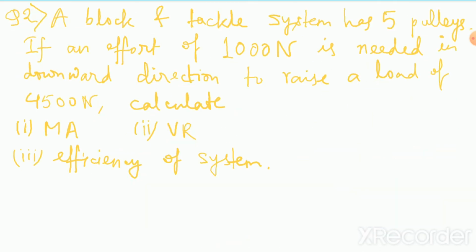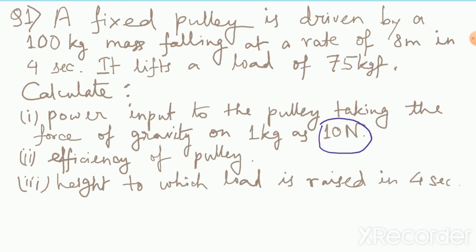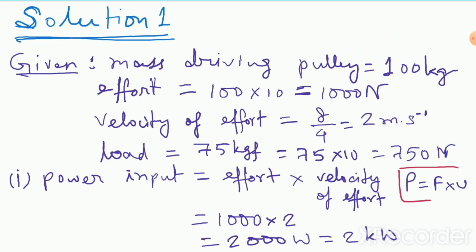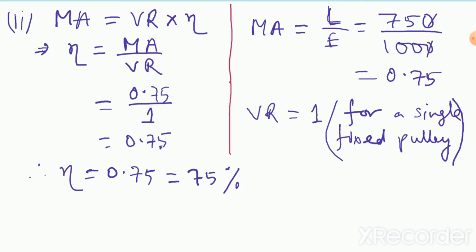Now the third part of the problem, the height to which the load is raised in 4 seconds. In a single fixed pulley, we know that the distance moved by the effort and the distance moved by the load are the same. So the effort moves by a distance of 8 meter in 4 seconds.